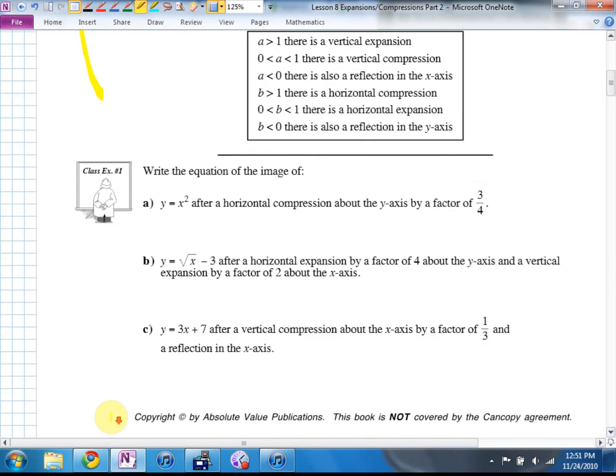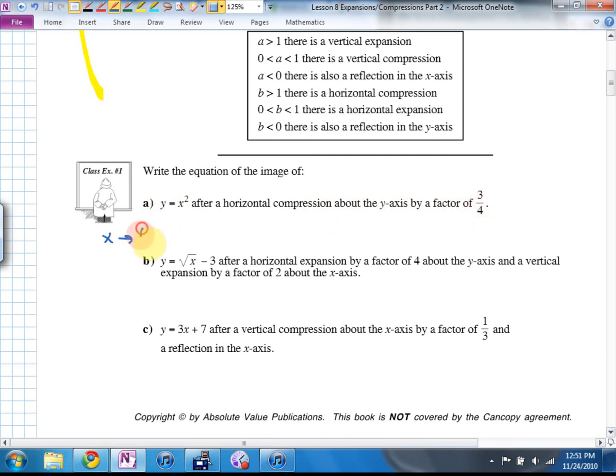Example 1. Write this equation after a horizontal compression by a factor of 3/4. Horizontal or vertical? We're replacing x with something. If we want to end up compressing by 3/4, that's what we must have plugged in.